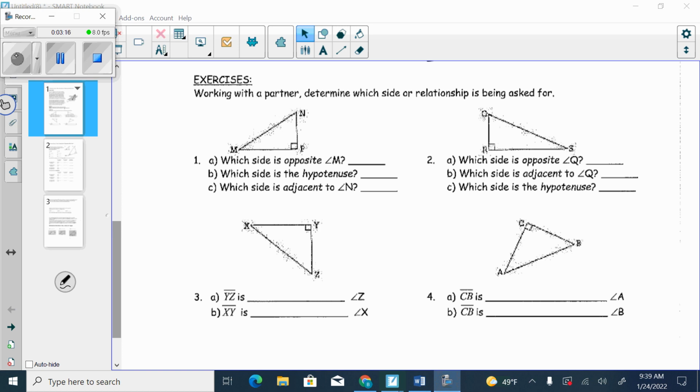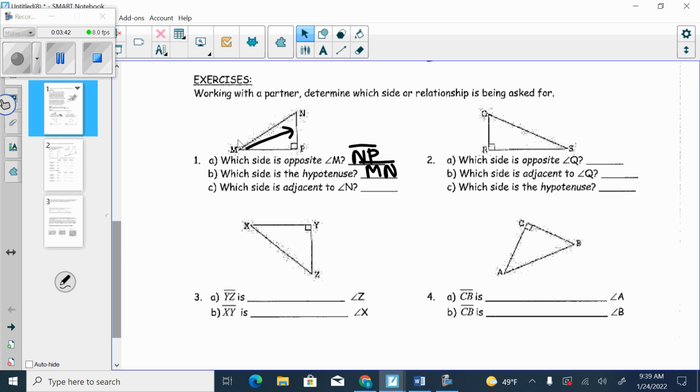In figure 1, which side is opposite of angle M? Also, remember, whenever we name a side, we put that line above the two letters. Which side is the hypotenuse? And what's adjacent to angle N?